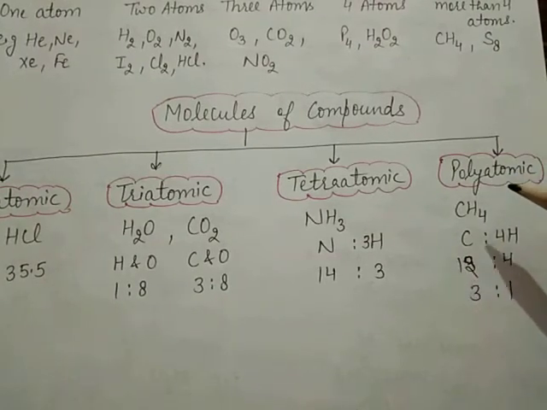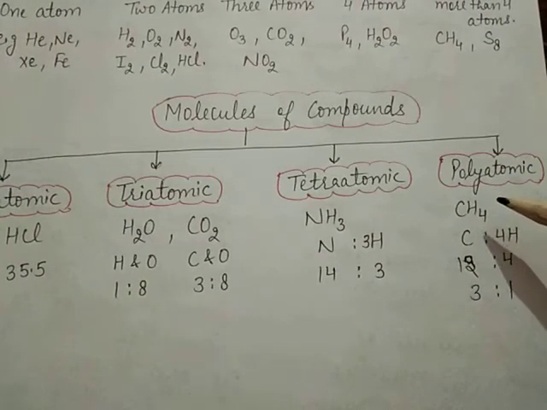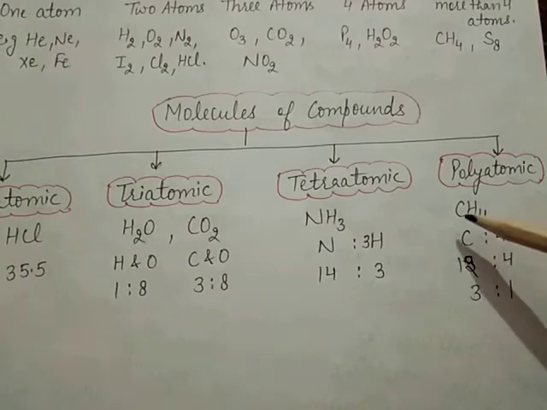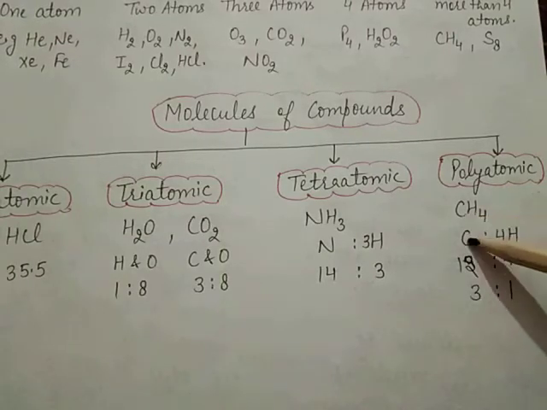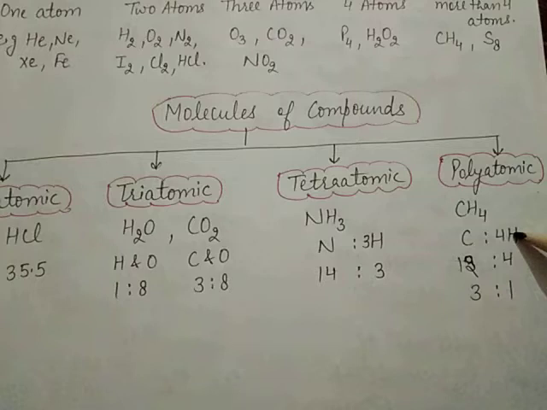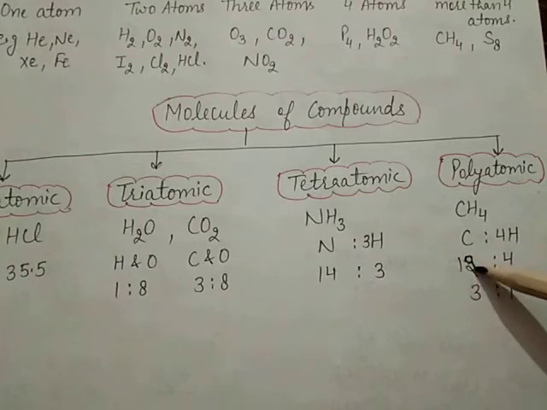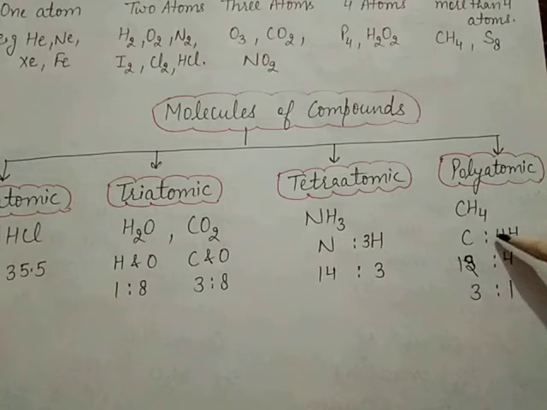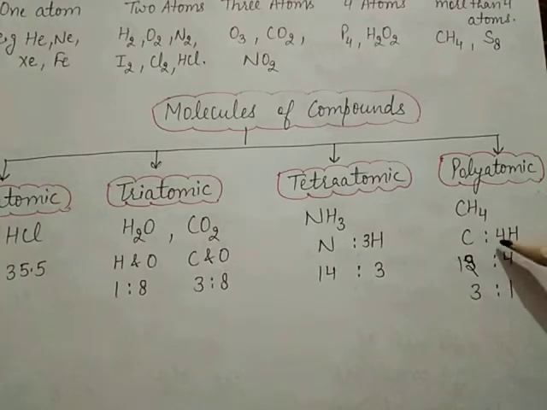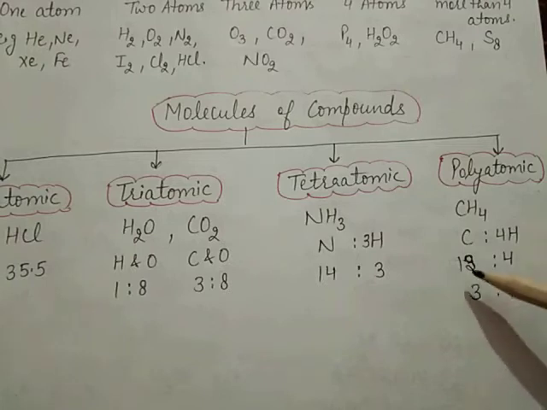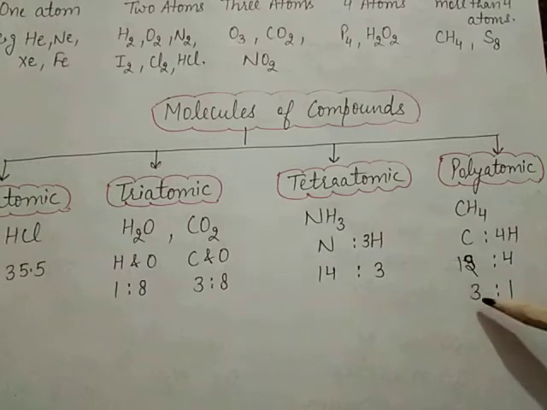Next is polyatomic, made up of more than 4 atoms, like CH4, made up of carbon and 4 hydrogen. Carbon atomic mass is 12 and hydrogen is 1, so 4 into 1 is 4. 12 ratio 4 means 3 ratio 1.